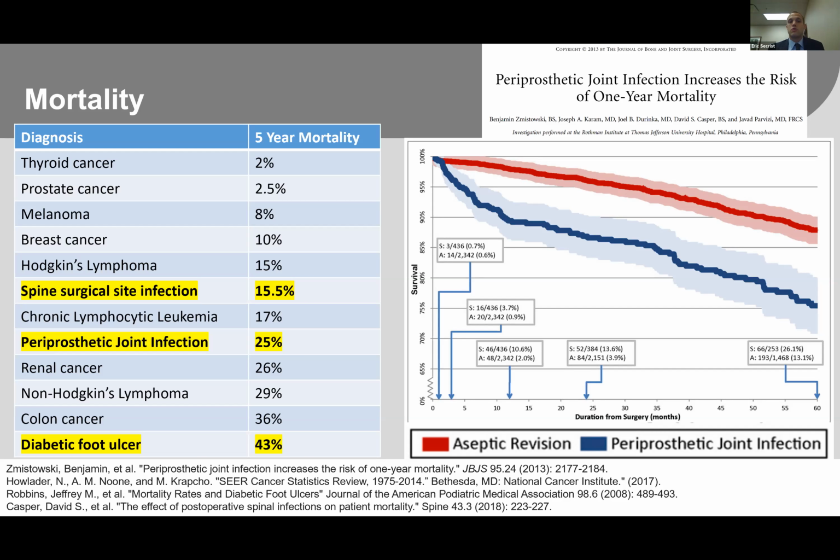And if we plot some of our more serious orthopedic infections against various cancers, as you can see in the table on the left there, this is a very grave situation, and it exceeds the severity of the typical orthopedic problem that we normally deal with.